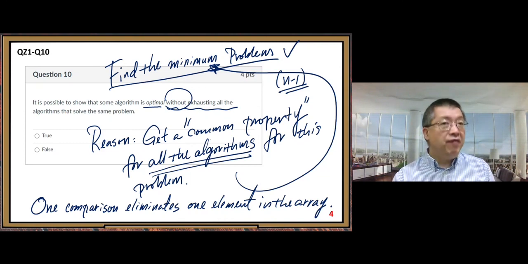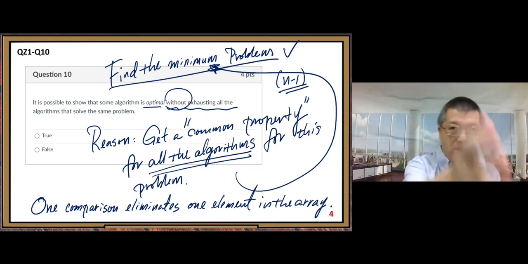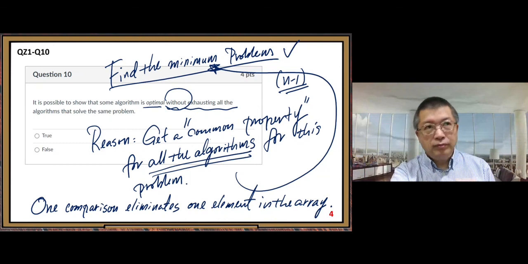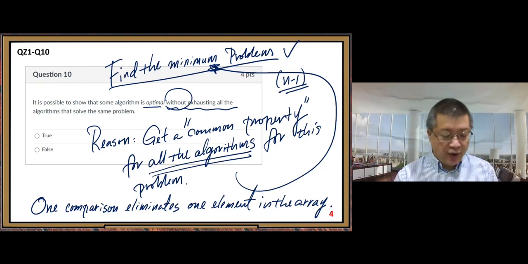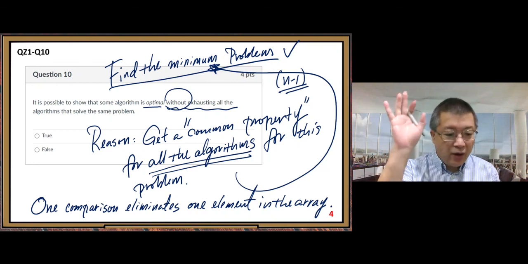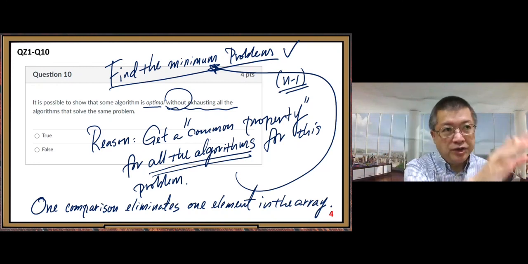Only when you have a very good understanding of this minimum of the array problem, then you can get a correct answer. Okay. All right. So let me finish this question and all our quiz 1.